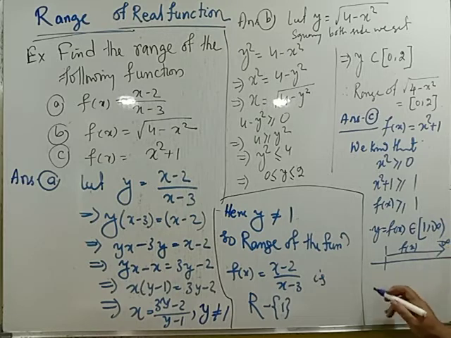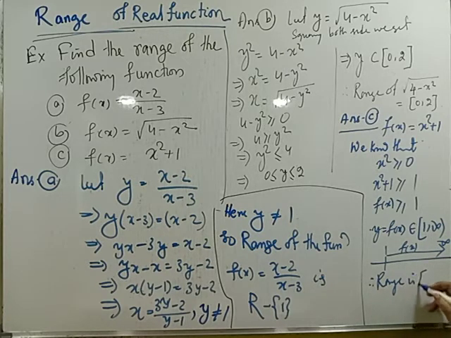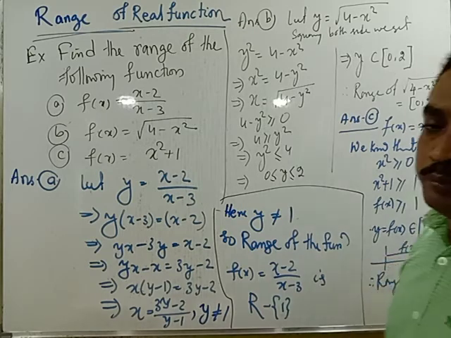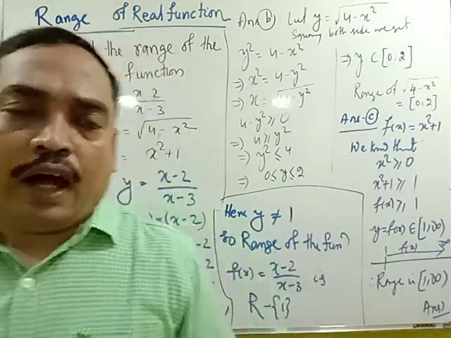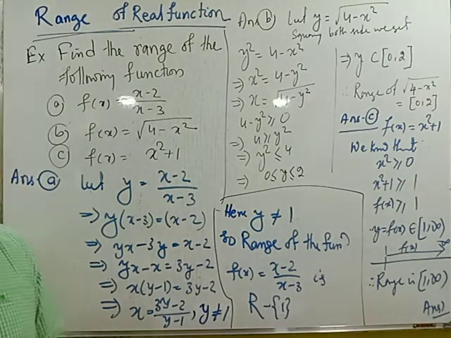That will be the range. Therefore, the range is the semi-closed interval 1 to infinity. So this way you have to find the range of the function. Okay, I hope everybody understood. In this way you have to complete exercise 2.3.